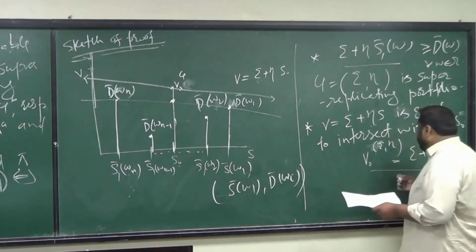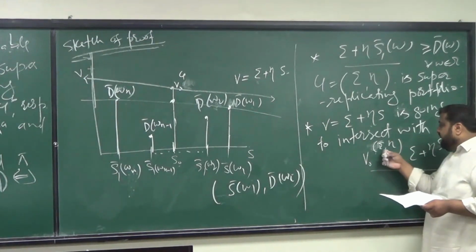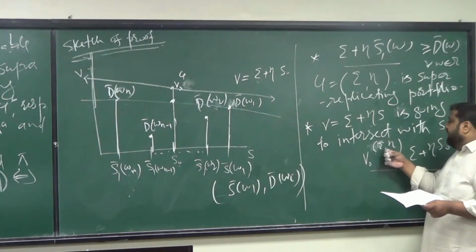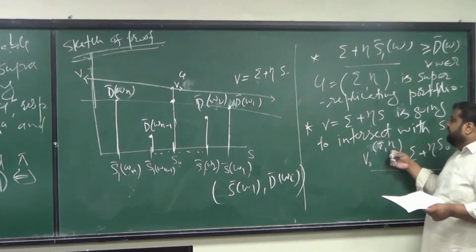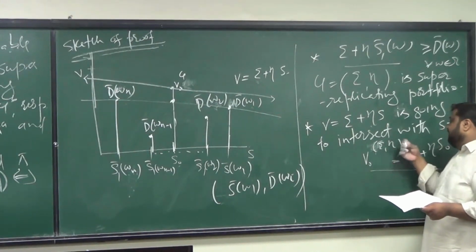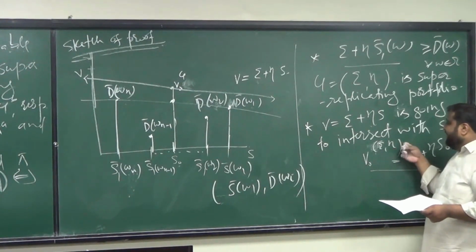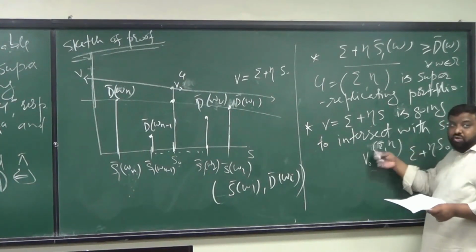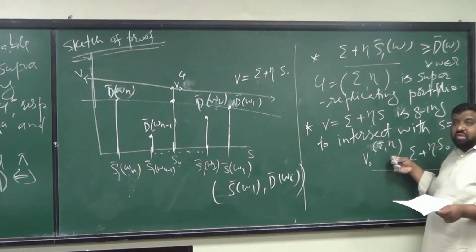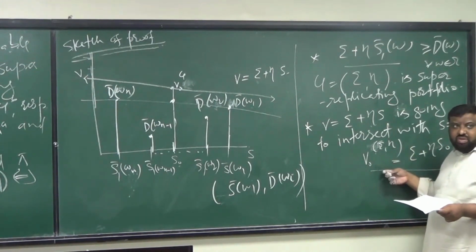So we can find xi and eta, a super replicating portfolio, in such a way that the value of this portfolio at time 0 is minimum.